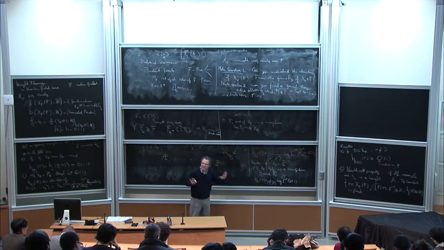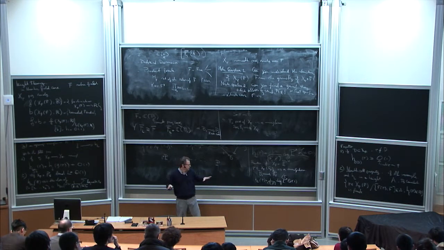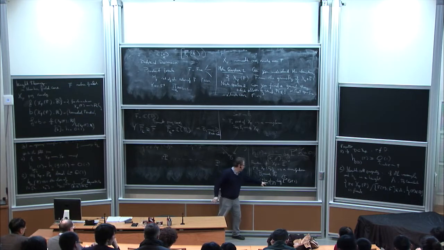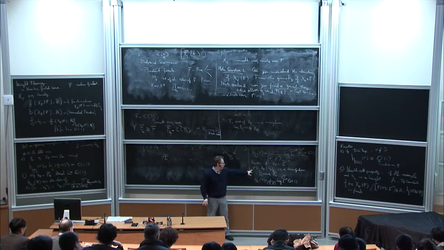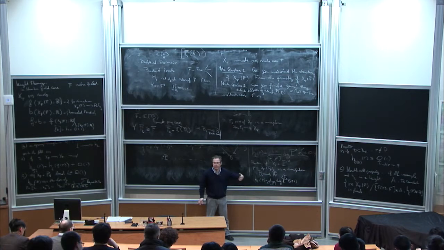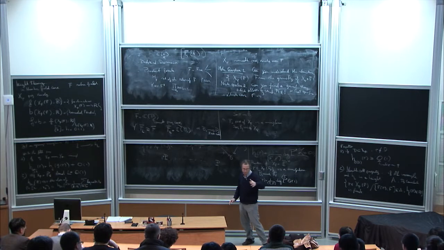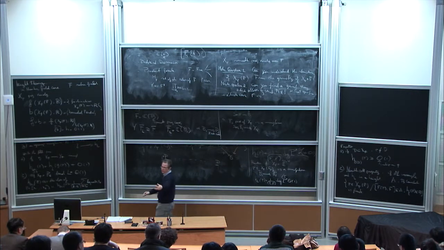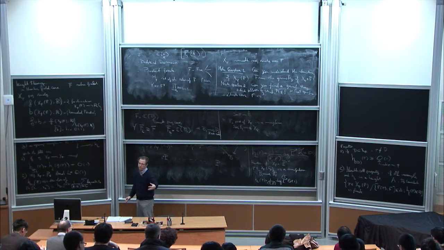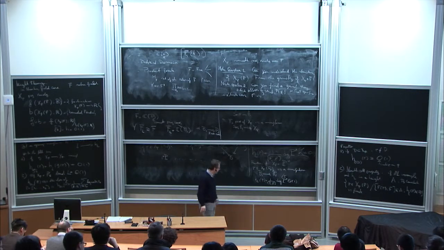So morally, you have to think that up to this normalization, the height is the degree of the curve of the image. Morally speaking, you take the image as a curve, you compute this degree as a curve in Pn, and this is the height.